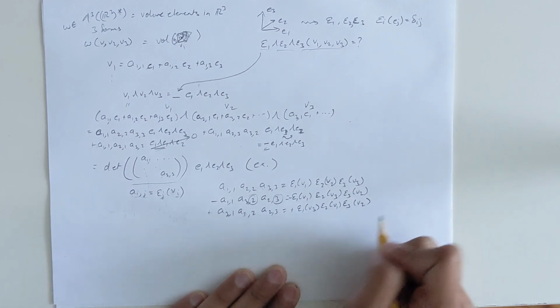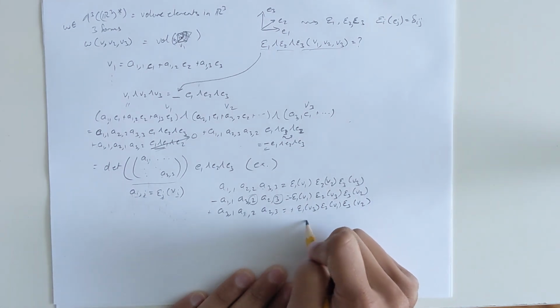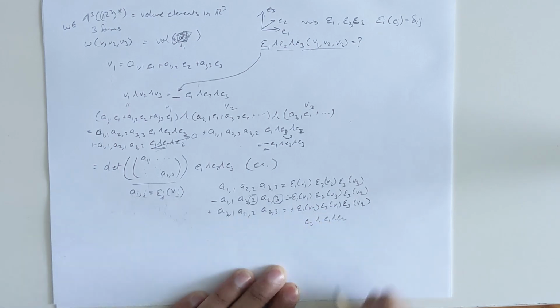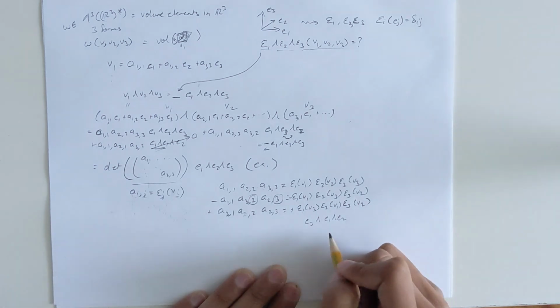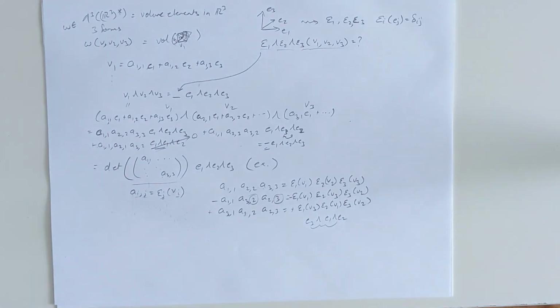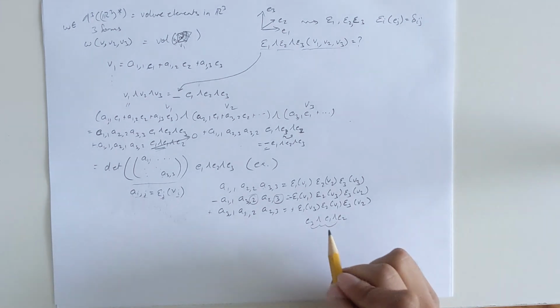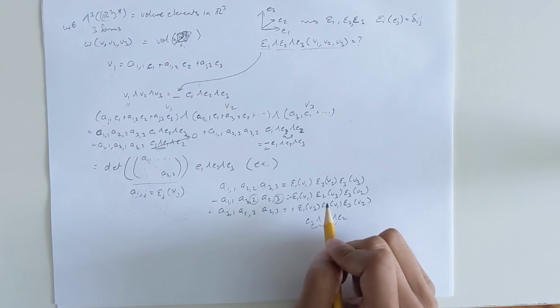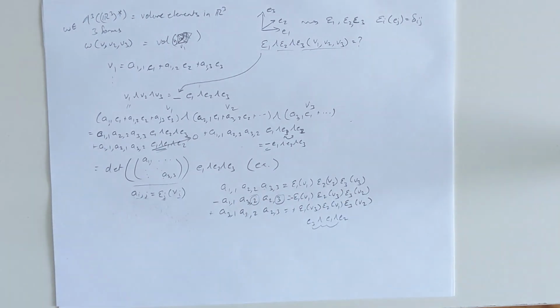So if we start off in this configuration, what this will be is E3 wedge E1 wedge E2. And if we want to get this to E1 wedge E2 wedge E3, we basically move across E2 twice. And so that'll give us two negative signs, which will be a positive sign. So there's two things to notice here. First is that we're using each epsilon exactly once, and we're using each vector exactly once.